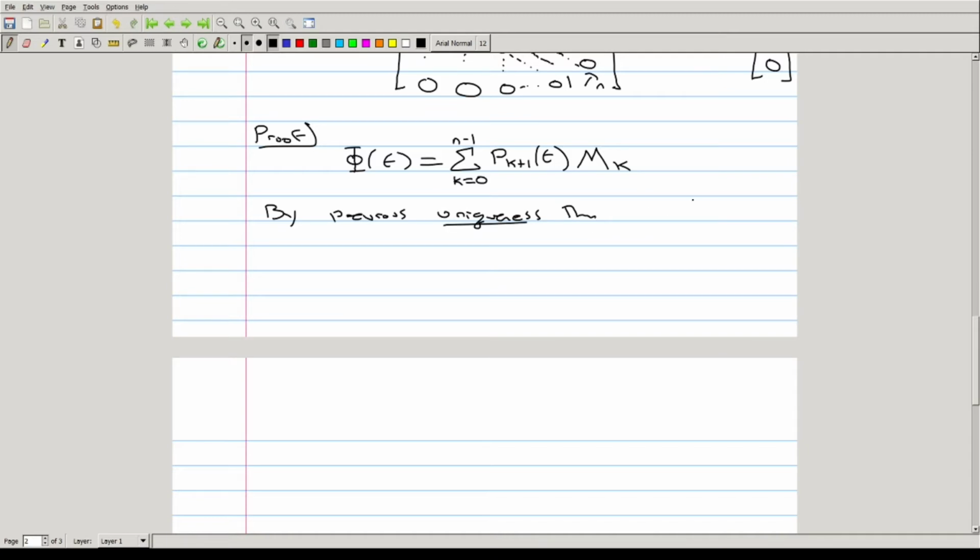All we need to do is show that phi satisfies the matrix ODE x prime is equal to A times x with x of 0 equal to I.